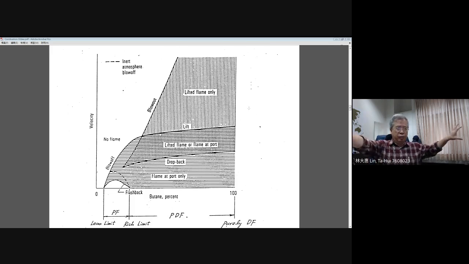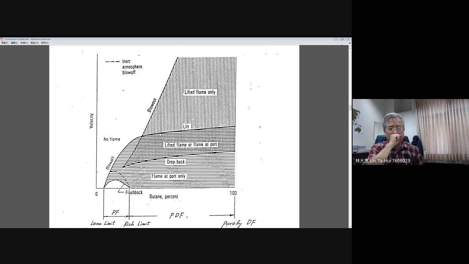These two ends we clearly understand: the stability limits for the premixed flame are bounded by flashback and blow-off, but the diffusion flame is bounded by lift-off and also blowout.